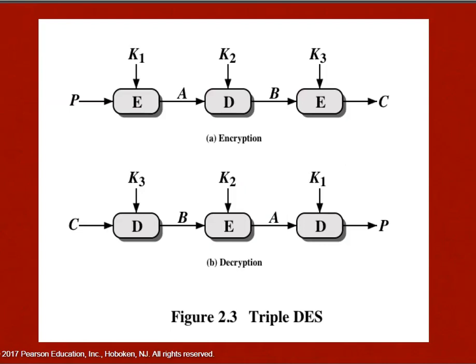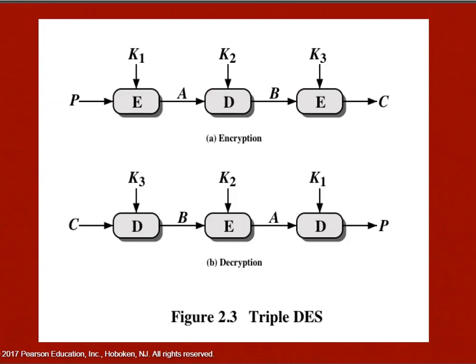The function follows as encryption, decryption, encryption, EDE. If you look at the first part, you can see the encryption is EDE, encryption, decryption, encryption, right? There is no cryptographic significance to the use of decryption for the second stage of 3DES.